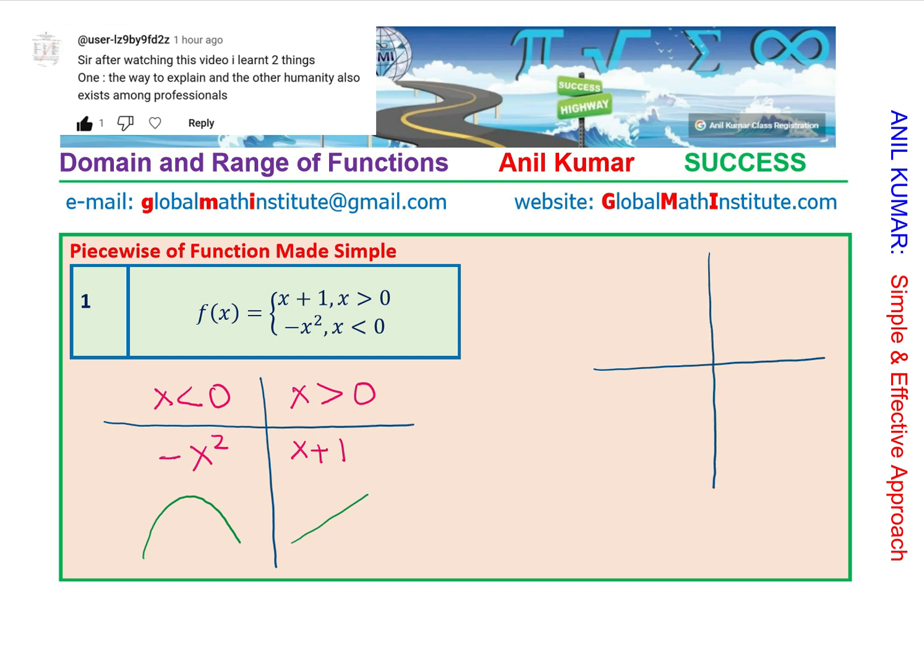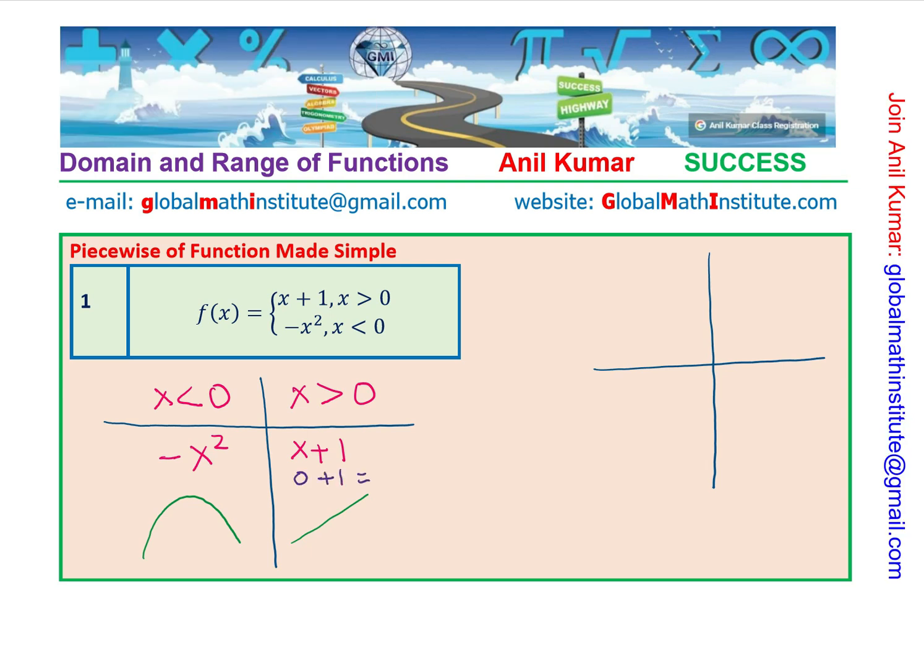So x plus 1, as you know, is a straight line. To sketch the function x plus 1 when x is greater than 0, one thing you have to notice is that it is not equal to 0, right? So there's a hole at the beginning when x is 0. If I put x as 0, then I get 0 plus 1, which is equal to 1. So we have a coordinate point which is (0, 1), correct? That point I could draw as a hole, right?